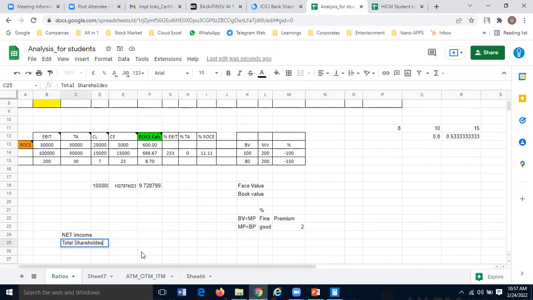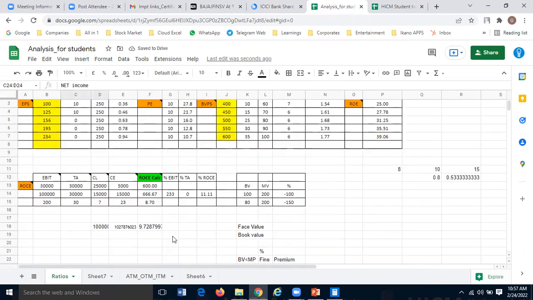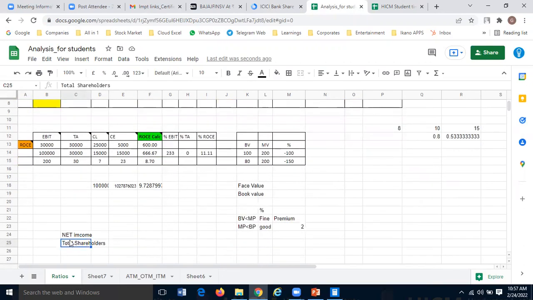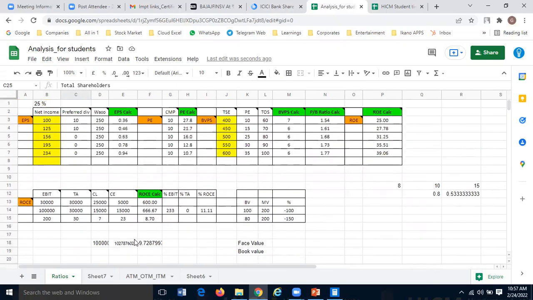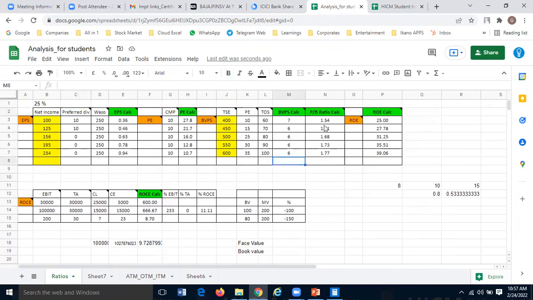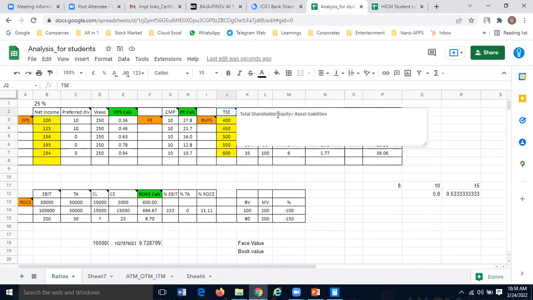Okay. If our base is net income, then we will calculate EPS, earning per share, and we will see whether it is undervalued or not. If it is total shareholders equity, then we will come to know about the book value and the PB ratio. Okay, so this is very easy because from school and college time we are learning this.